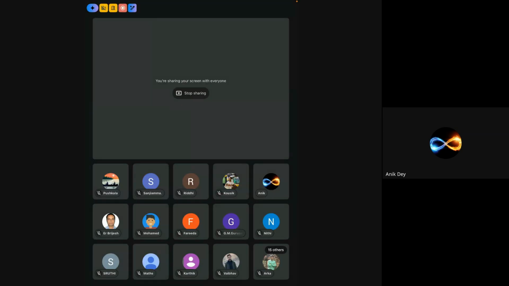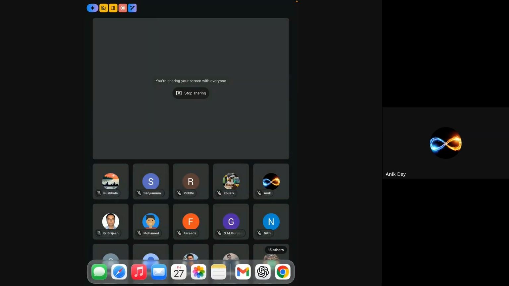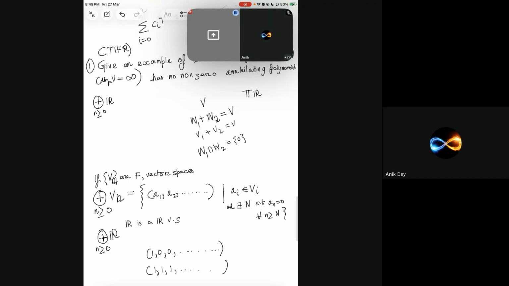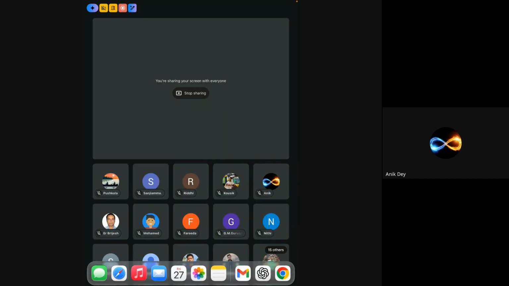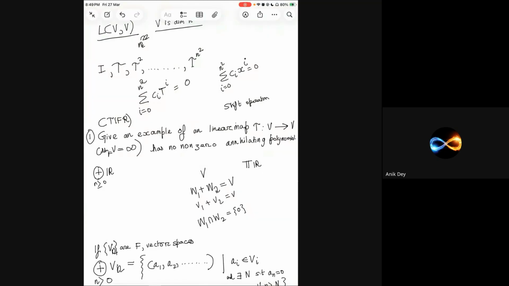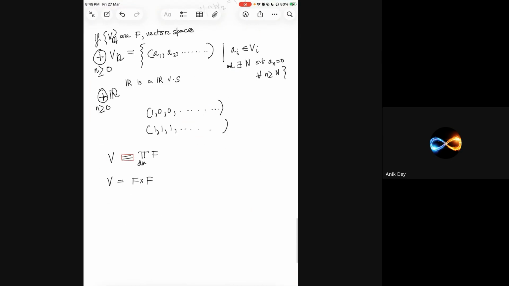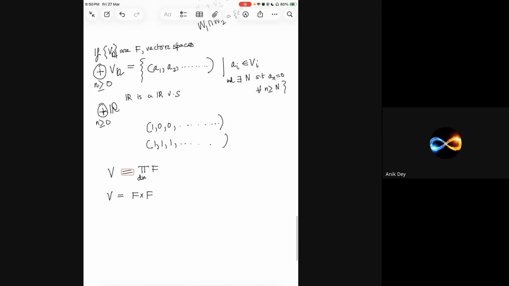I want somebody else to help me solve this problem. Those who have seen the definition that I wrote before, please raise your hand. Kaushik, you can raise your hand, I guess you have seen this before.